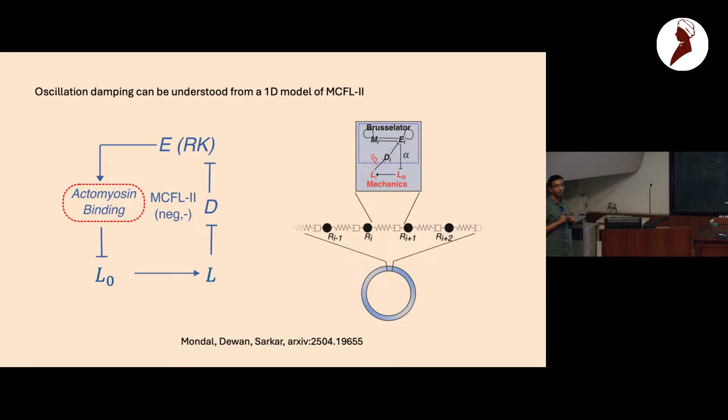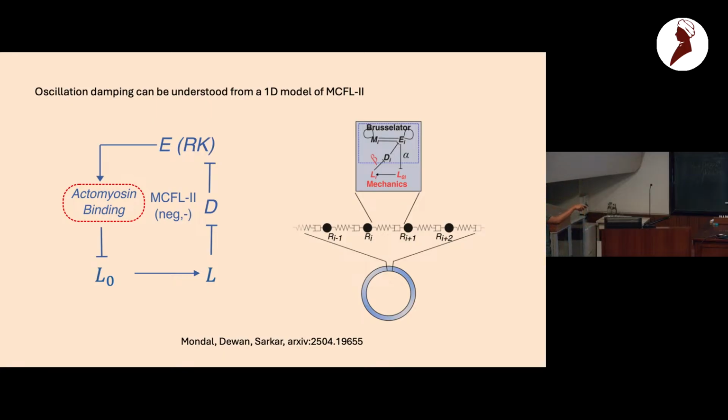There is actually a theorem coming from group theoretic analysis which tells you that if you have a 1D ring, it doesn't matter which Hopf oscillator you choose. Any Hopf oscillator will give you an identical result as long as you have the same type of coupling. So instead of Brusselators, if we had used the FitzHugh-Nagumo model, you would get exactly the same results as we have shown. Okay, so this is a general result.